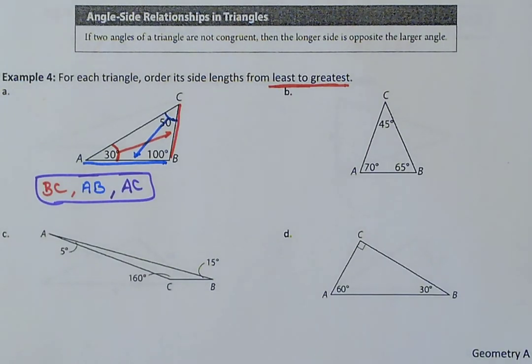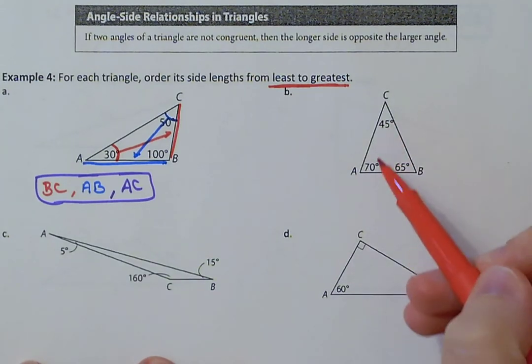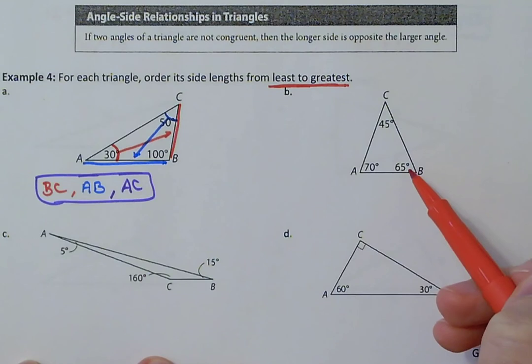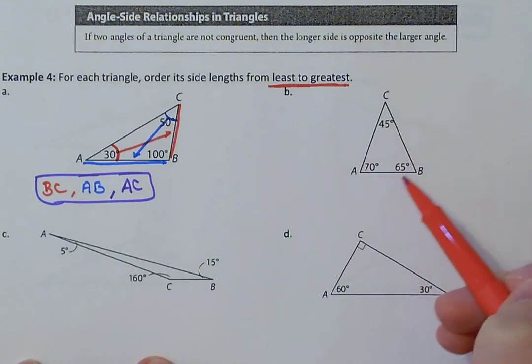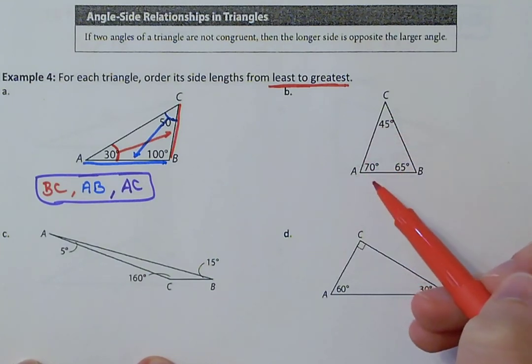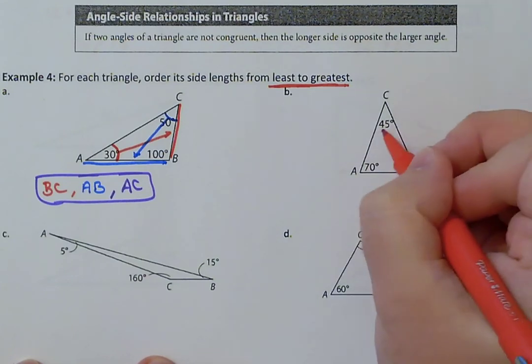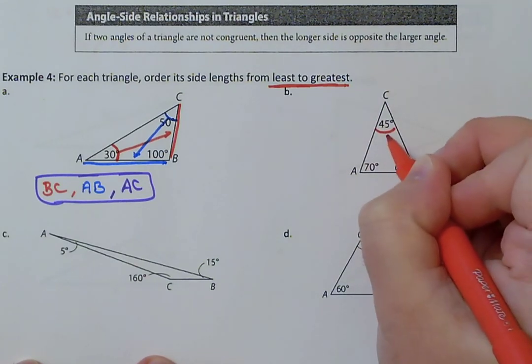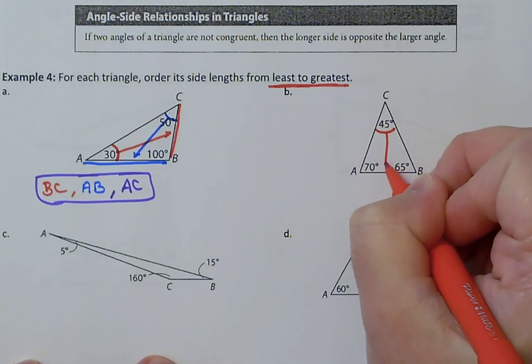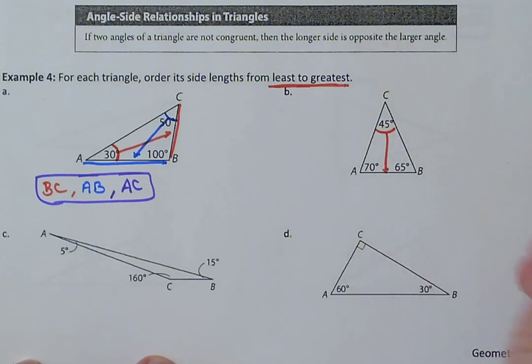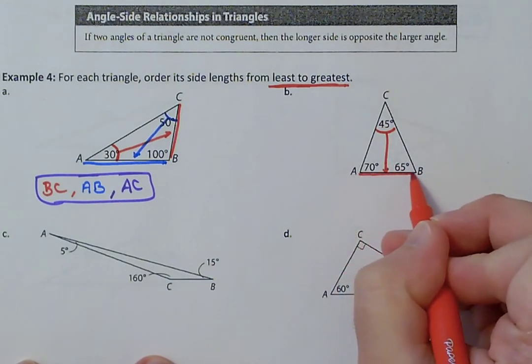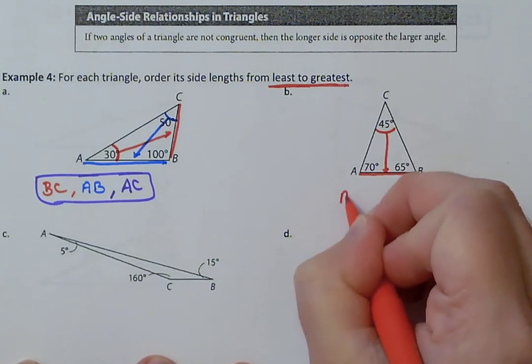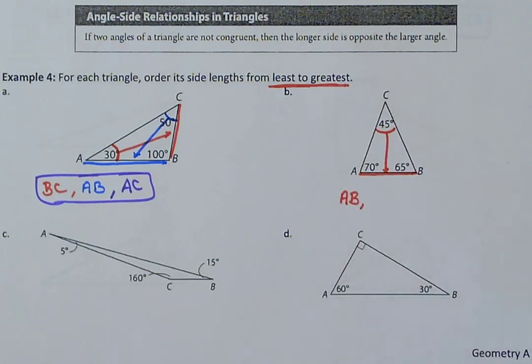All right, so if we went through and continued practicing this idea, if we look at B, we have the angle measures of 45, 70, and 65. So between these three, which of these three is my smallest measure? In this case, it's 45. So the side length opposite of 45, angle C, is the side AB. So AB is going to be my smallest side length.